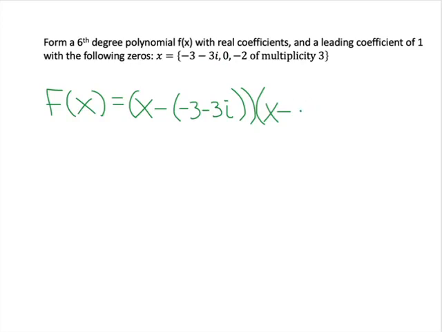So for the factor, you're going to have x minus -3 plus 3i. So that's the conjugate of -3 minus 3i. We have -3 plus 3i.